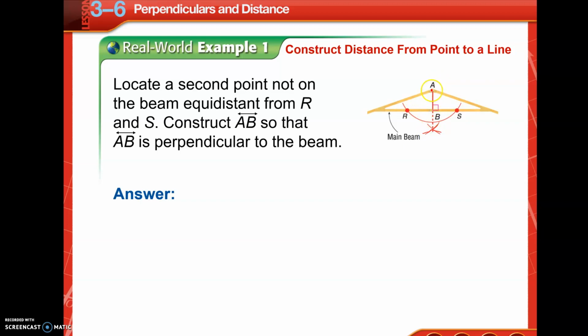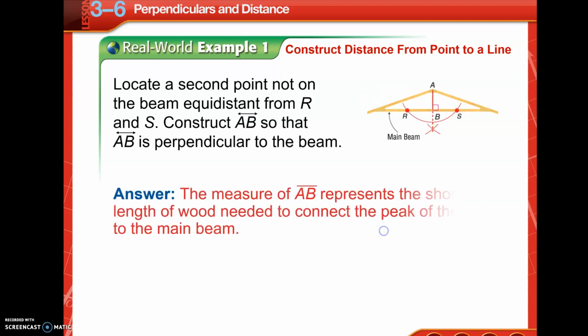And that should make this X. If I connect from A through those X, that will help me draw my distance. Again, that's hard to do without you being able to see the compass. And then I could measure this is the true distance from A to this B.